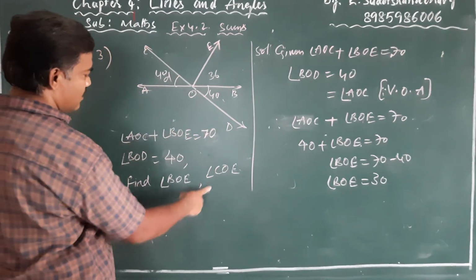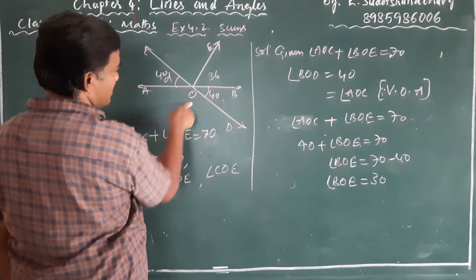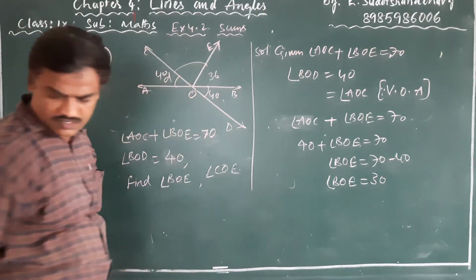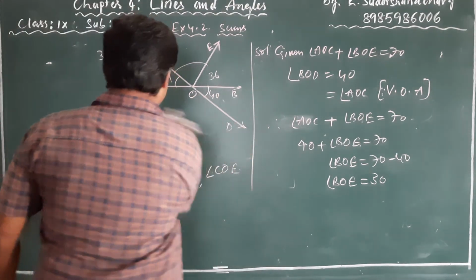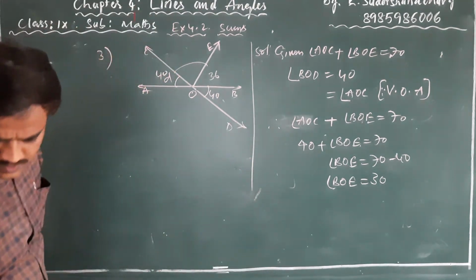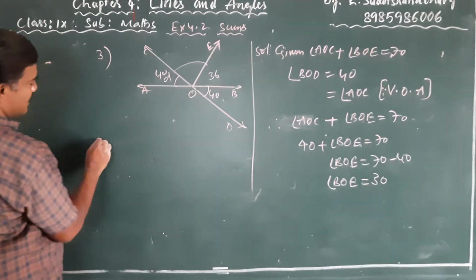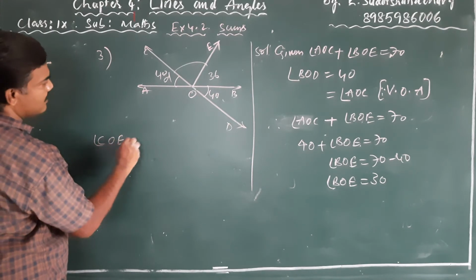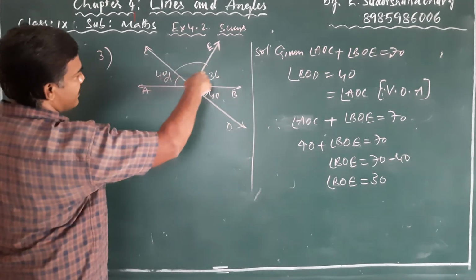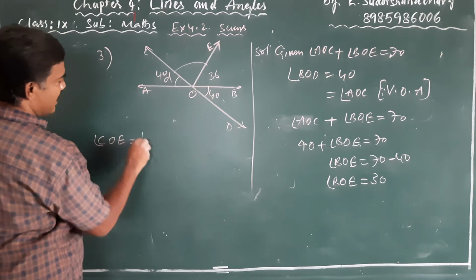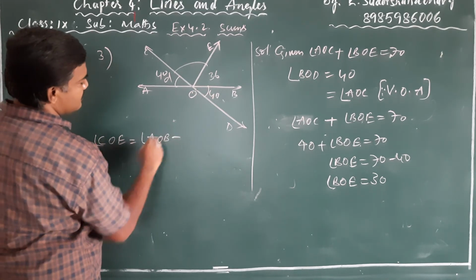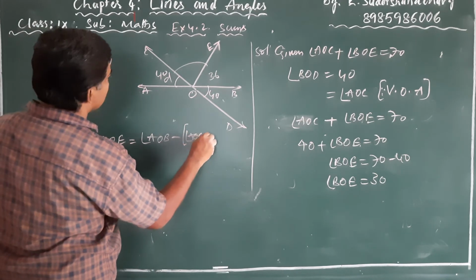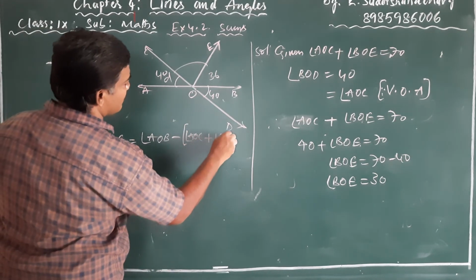And also they are asking COE. This angle also they are asking. This is nothing but a straight angle. This angle COE is nothing but the complete straight angle minus these two angles: angle AOB minus the sum of angle AOC plus angle BOE.